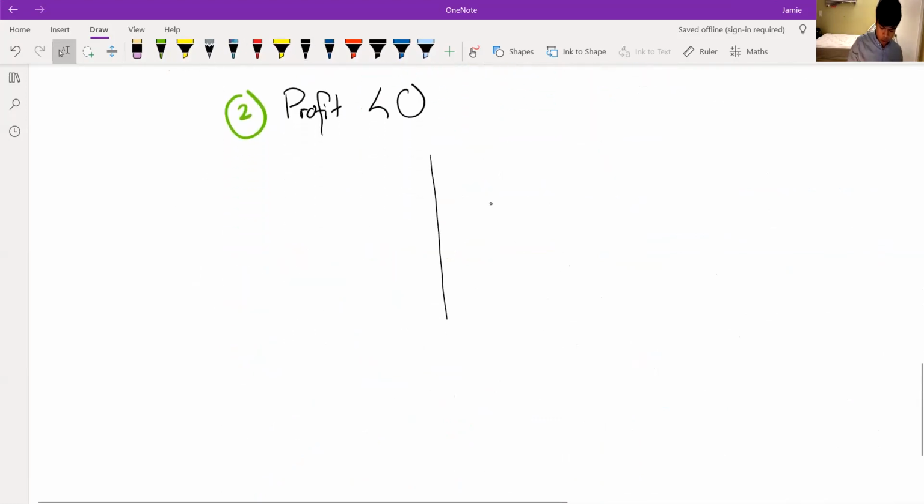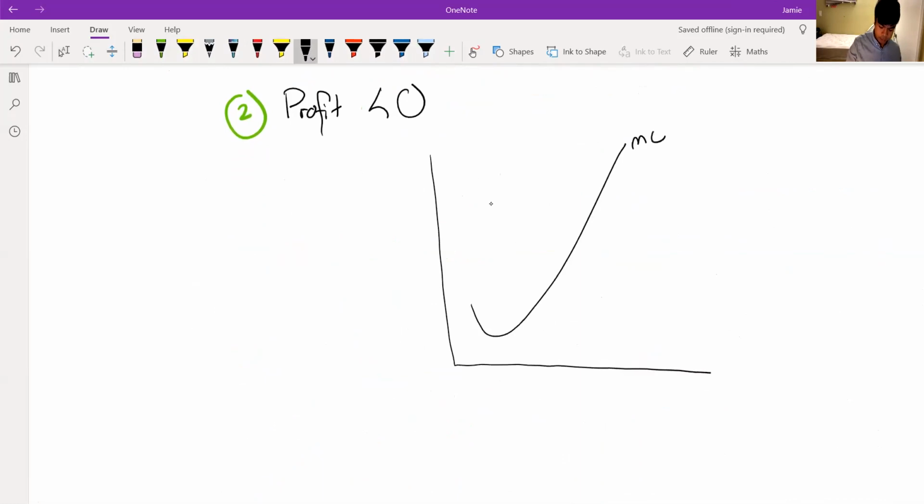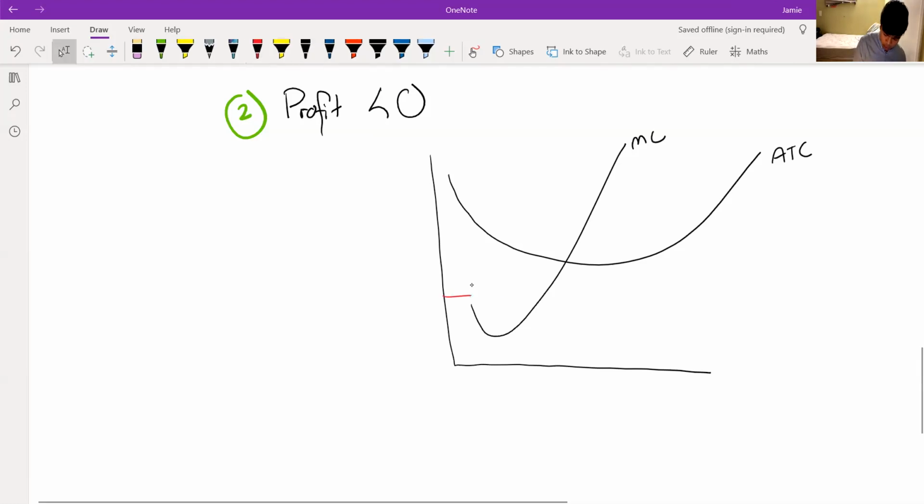So marginal cost, average total cost. All right, profit is less than zero. That means the market price has to be lower than the average total cost at the given level of quantity. So let's use this color.